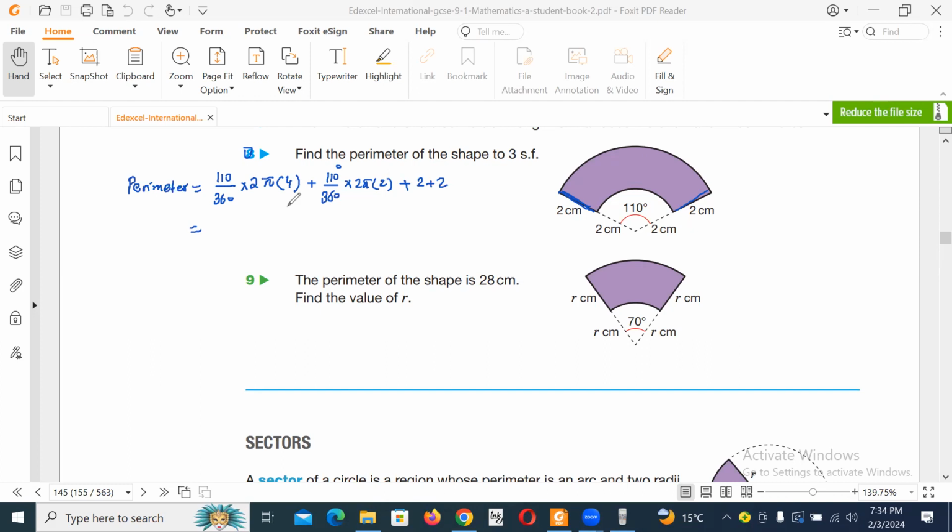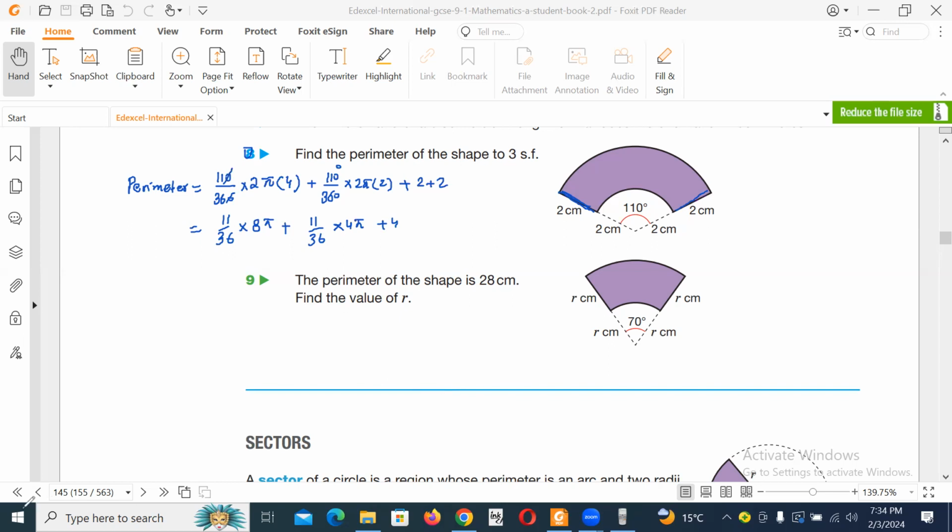Now next step we can check in the calculator as well. Either you can simplify 11 over 36 multiply 8 pi. Here again 11 over 36 multiply 4 pi plus 4.